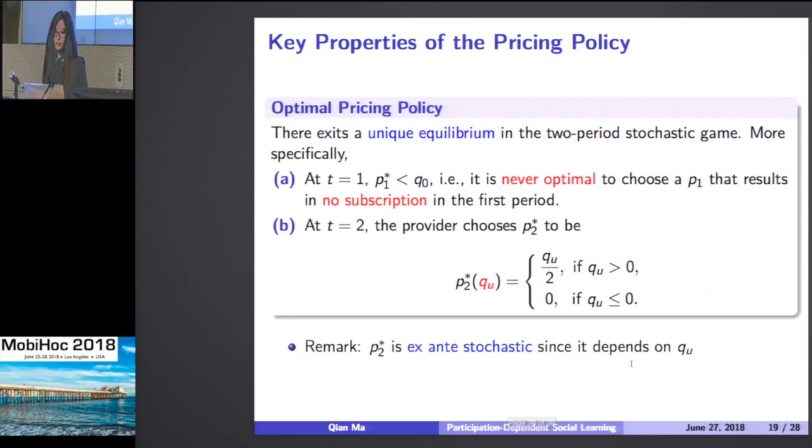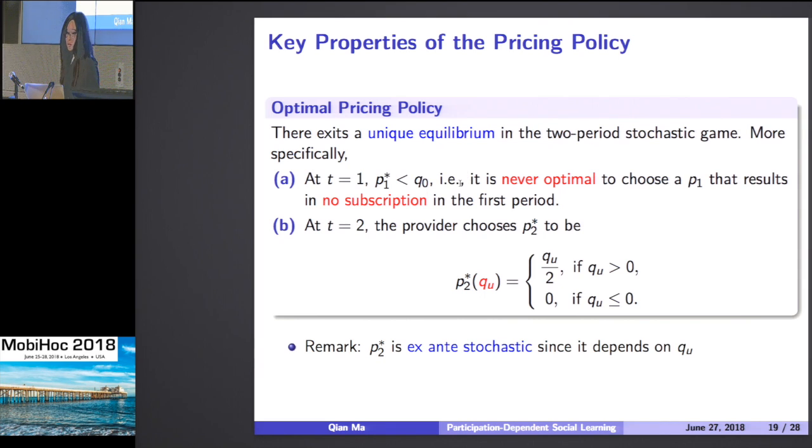Then we can derive several key properties of the optimal pricing policy. So our analysis shows that there exists a unique equilibrium for the two-period game played between the provider and users. Specifically, in the first period, the optimal first period price P1 star should be no larger than Q0, which is the prior mean.